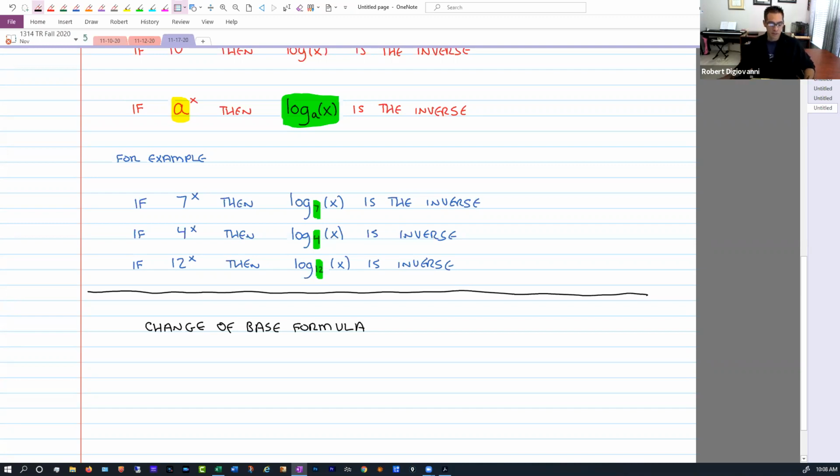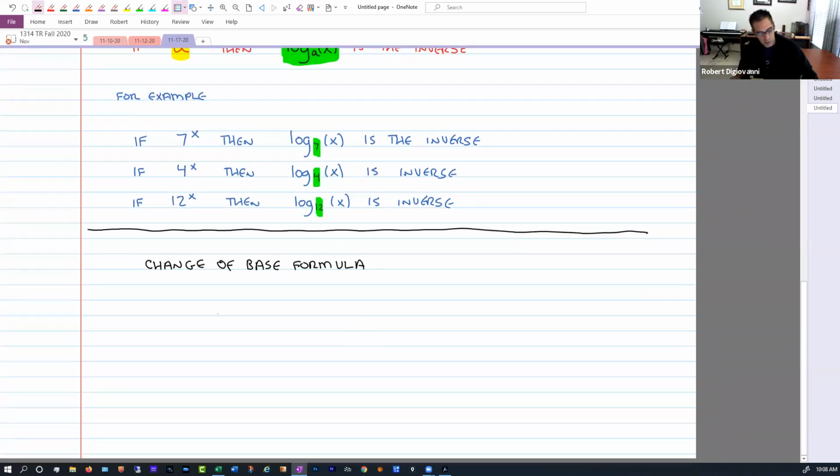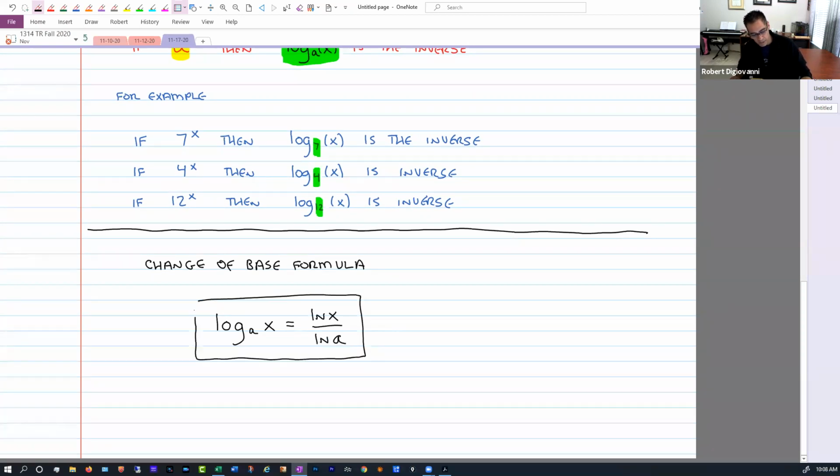Here's what it says. If you have log base a of x, that expression will always be equal to the natural log of x divided by the natural log of a. That is something you will definitely need for the next test.